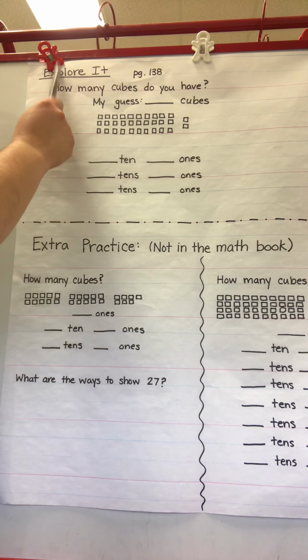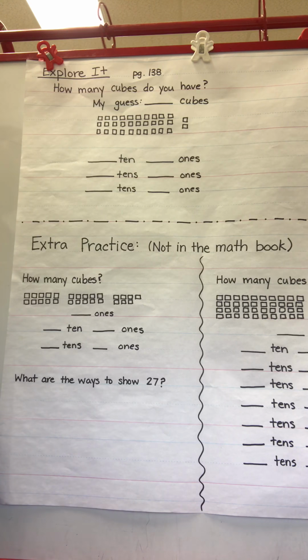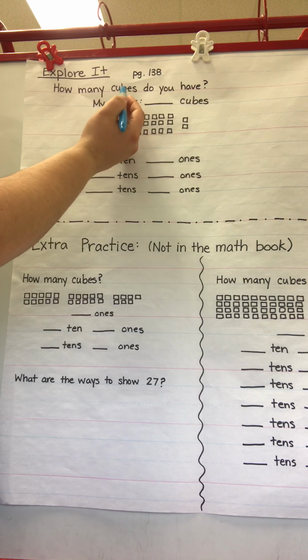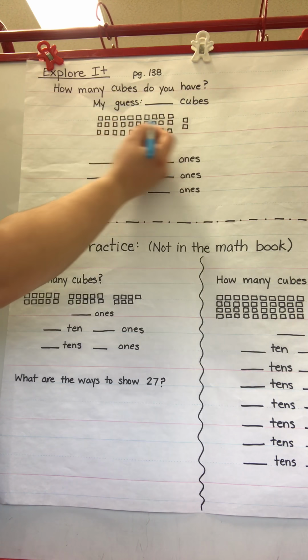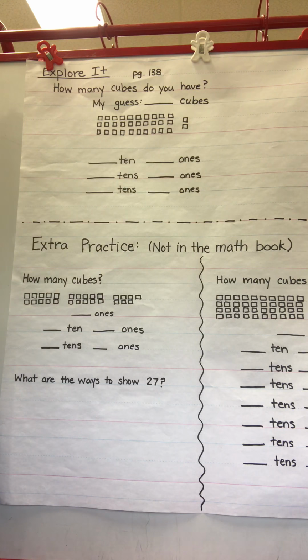It says explore it, page 138. So, how many cubes do you have? I'm going to give you this number of cubes right here. I know it may be hard to see. You may pause the video if you need to count anything.